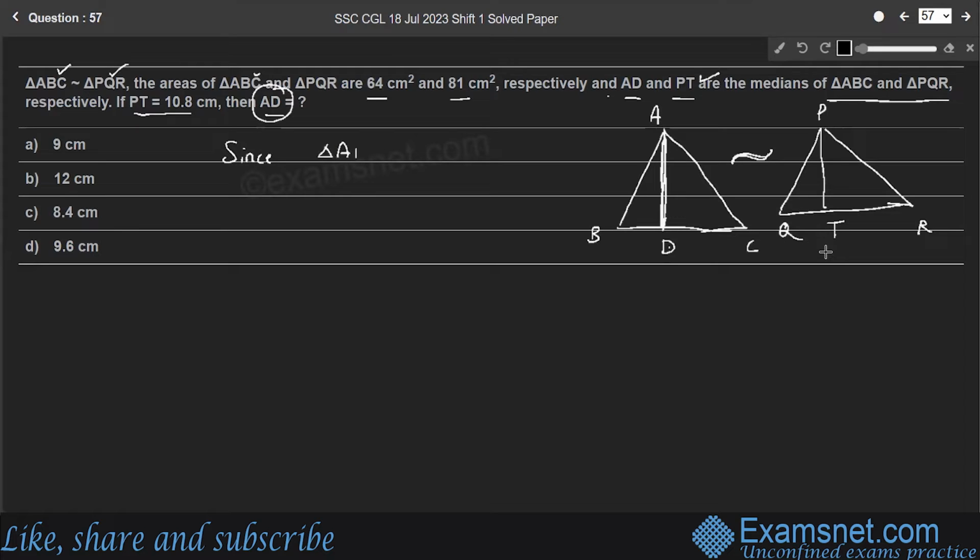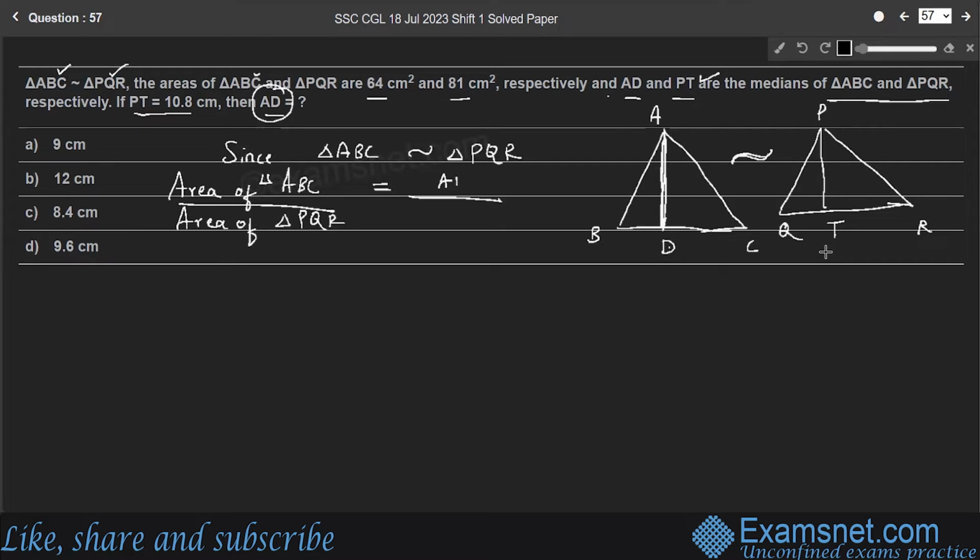Therefore, since triangle ABC is similar to triangle PQR, the ratio of their areas, area of triangle ABC by area of triangle PQR, is equal to the ratio of squares of their medians.